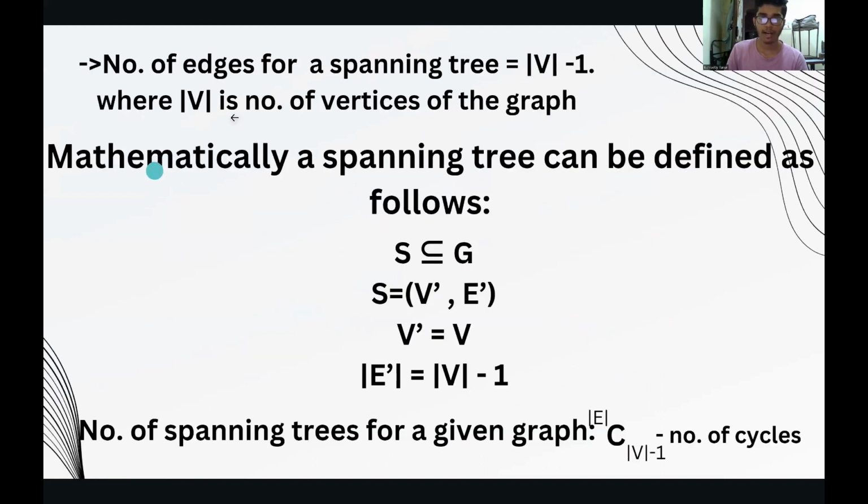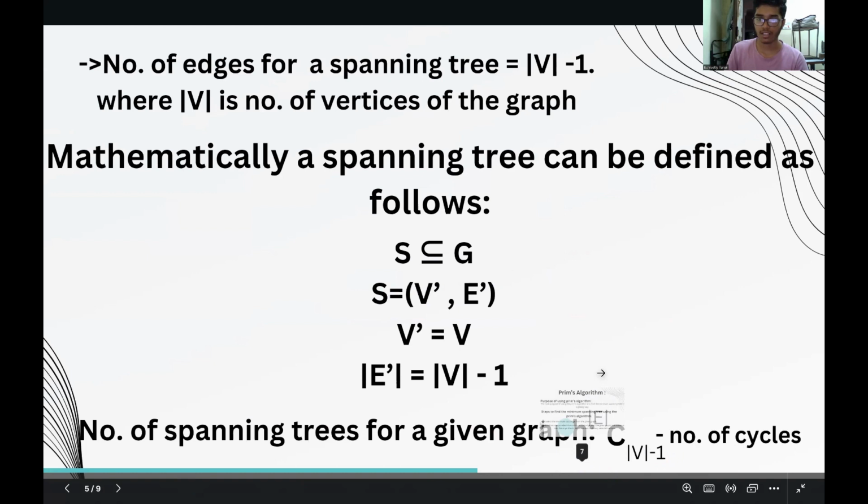And then the mathematical representation of a spanning tree is defined as follows. S is a subset of G, where S is a spanning tree and G is a graph. The spanning tree has V dash set of vertices and E dash set of edges.